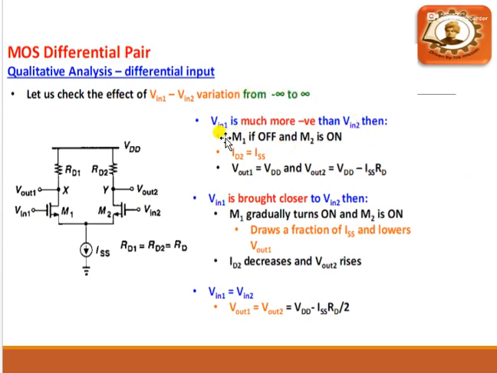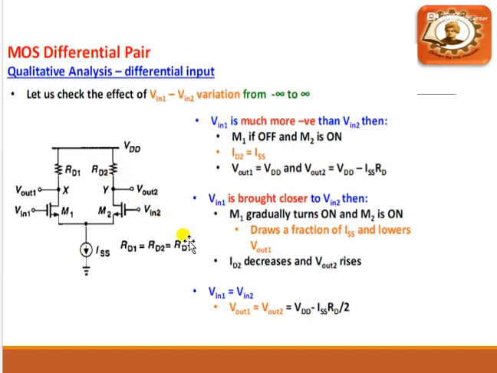First condition: VIN1 is much more negative with respect to VIN2. So M1 is off and M2 is on according to this figure. So ID2 equals ISS, that is our source current. So Vout1 equals VDD, and Vout2 will be equal to VDD minus ISS into RD.